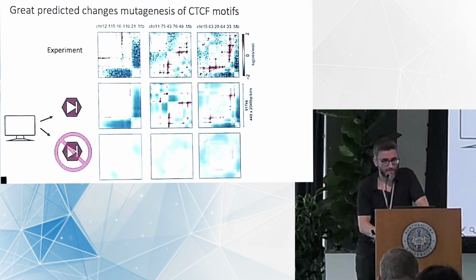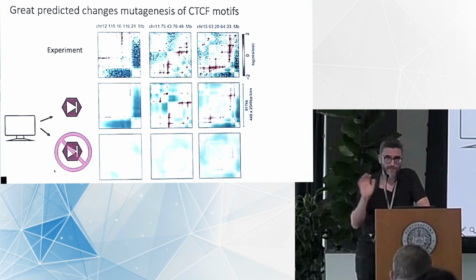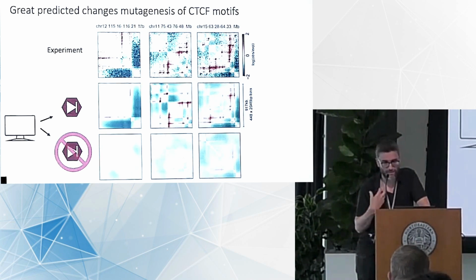You can see here experimental data, predictions for those regions, decent predictions, and then if you get rid of all the CTCF motifs in their window, you can see you get these relatively flat maps. So that's one way that you can additionally evaluate your model by challenges beyond the test set. Is it going to reproduce qualitative features of the data that I care about? In this case, genome folding. Okay.